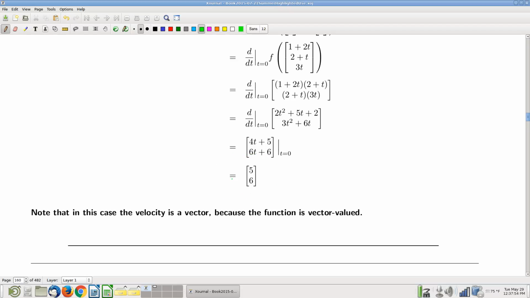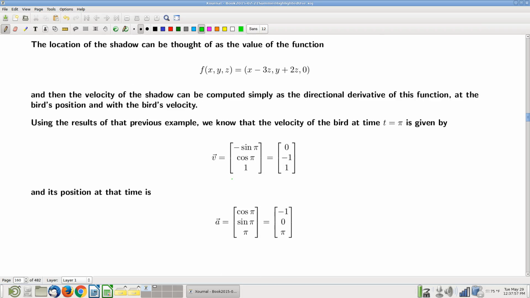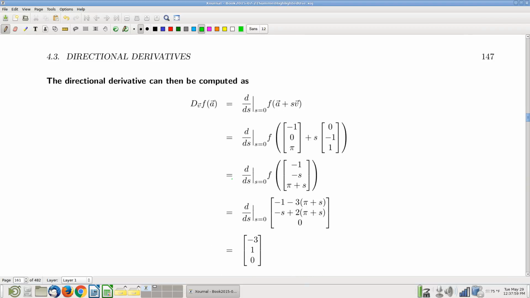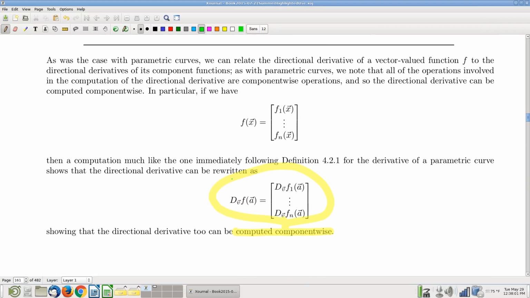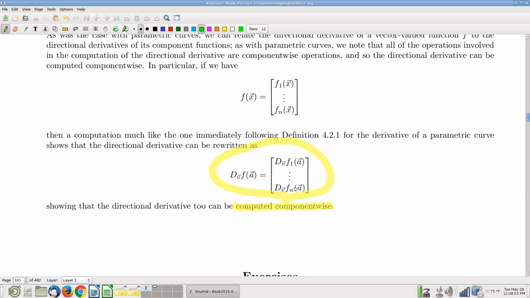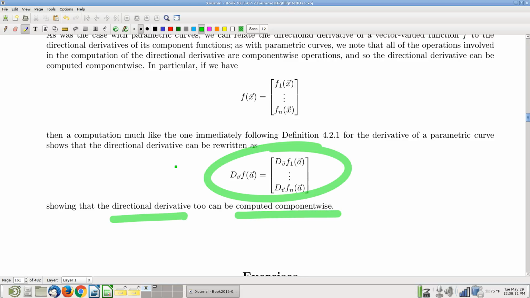Okay. All right. There's another example here I'm going to let y'all read on your own. It's very analogous. The last observation I want to make is how directional derivatives are computed component-wise. We talked about component-wise computations. Directional derivatives are also computed component-wise. Now, this is actually not that big of a surprise.